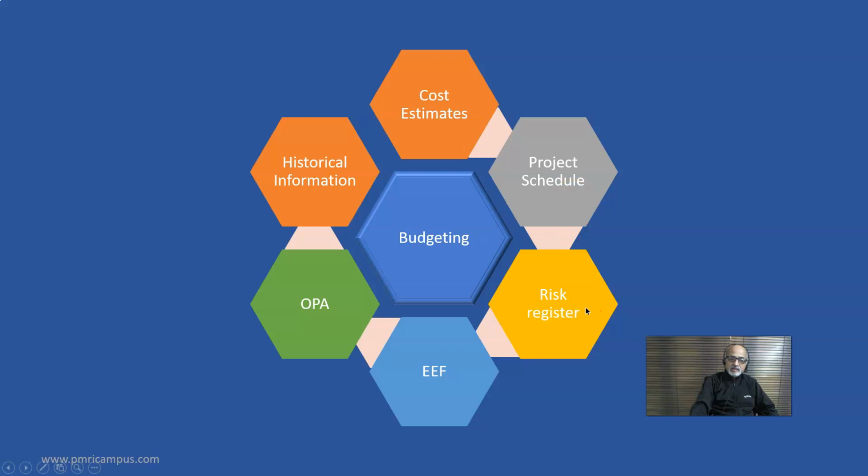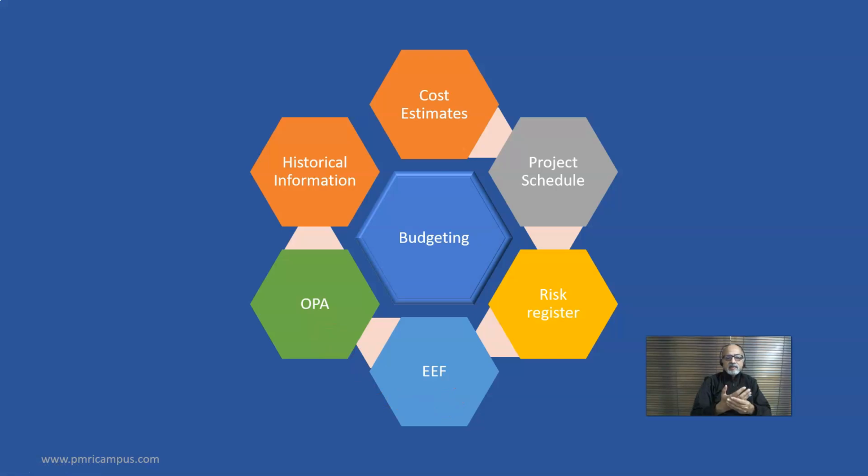A risk register also can be referred to, because if there are risky items, those costs, the impact also must be factored in. Then enterprise environmental factors and organizational process assets.